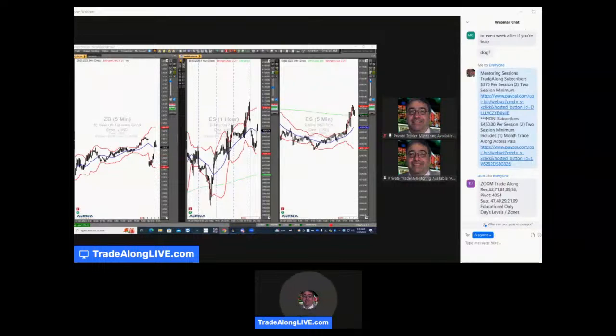Support right now would be around the 60 area. Again, just keep your stops in place no matter what.